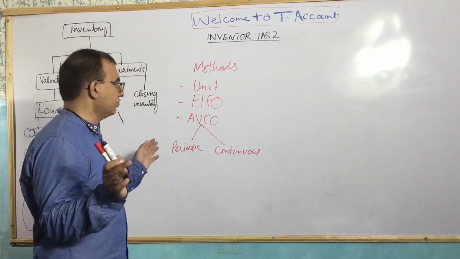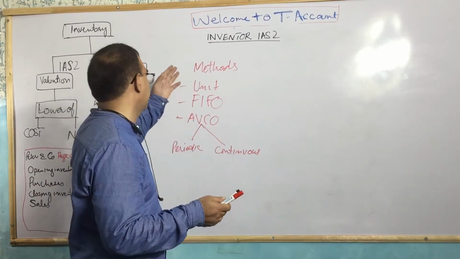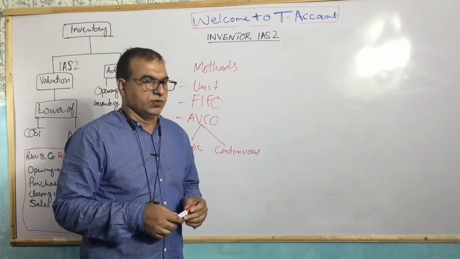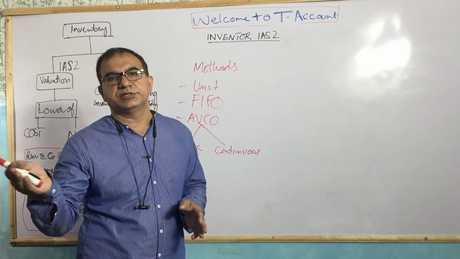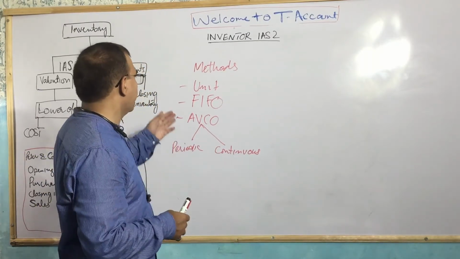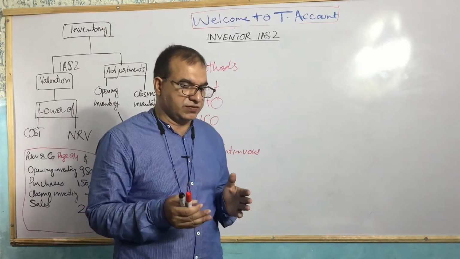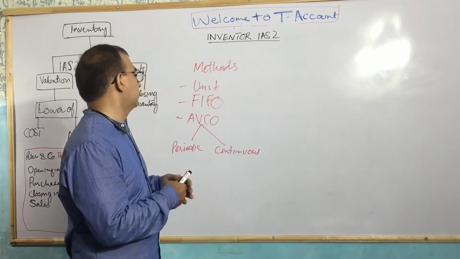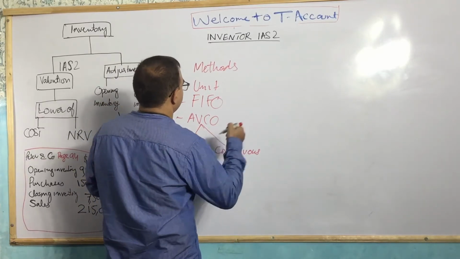FIFO is where you have a big pool of inventories, which cannot be identified like unit cost. So you have a pool from which you are using the inventories, selling it or using for manufacturing. The basic assumption in FIFO, what is the full form?